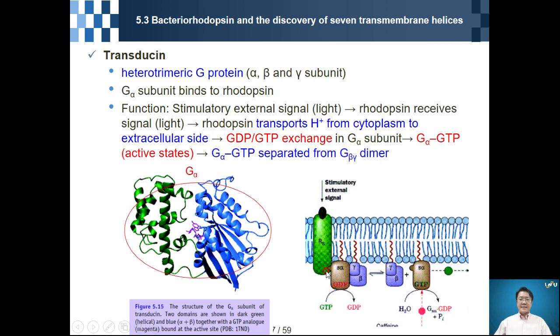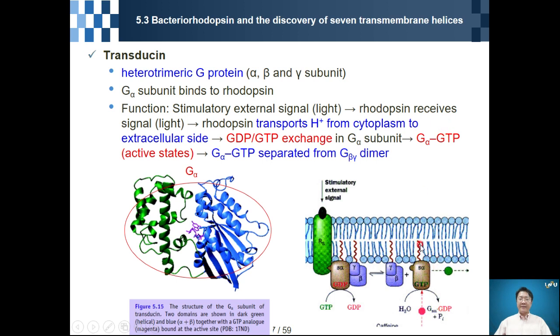After that, there is a subsequent signal transduction pathway initiated at the G alpha subunit. Initially the G alpha subunit has a GDP, but GDP and GTP exchange happens in the G alpha subunit. After the exchange, G alpha and GTP are made.